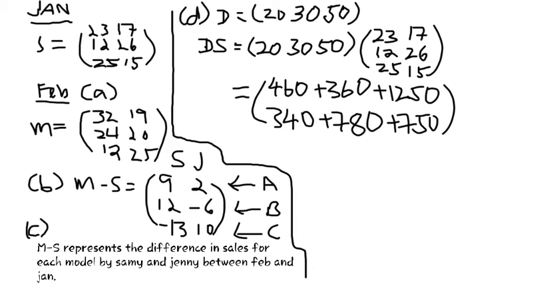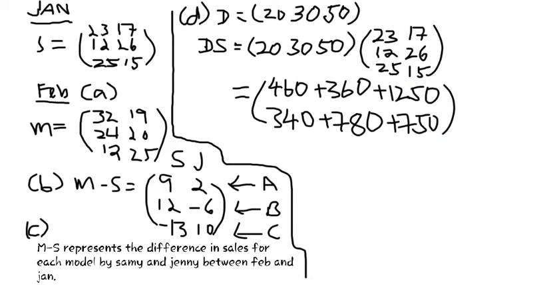This is exactly what we want, because here 460 plus 360 plus 1250 is the total amount that Sammy would have made from selling model A, model B, and model C. Through the matrix multiplication, we've actually added all three numbers together.